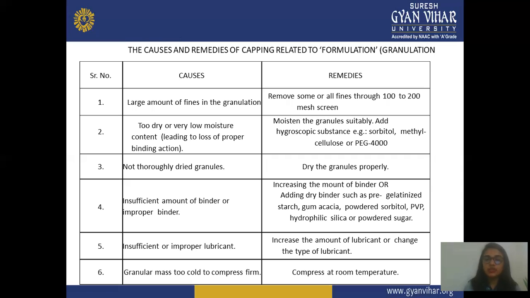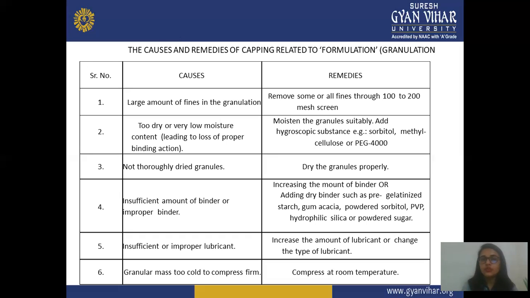The number one cause is a large amount of fines in the granulation, meaning a large amount of fine particles are present, or your granules are not in uniform form, giving a chance for large variation. The remedy is to remove some or all fines through a 100 to 200 mesh screen. It means you sieve your granules to a required specific size, or convert them into uniform size; 100 to 200 mesh is sufficient for converting to uniform granules.